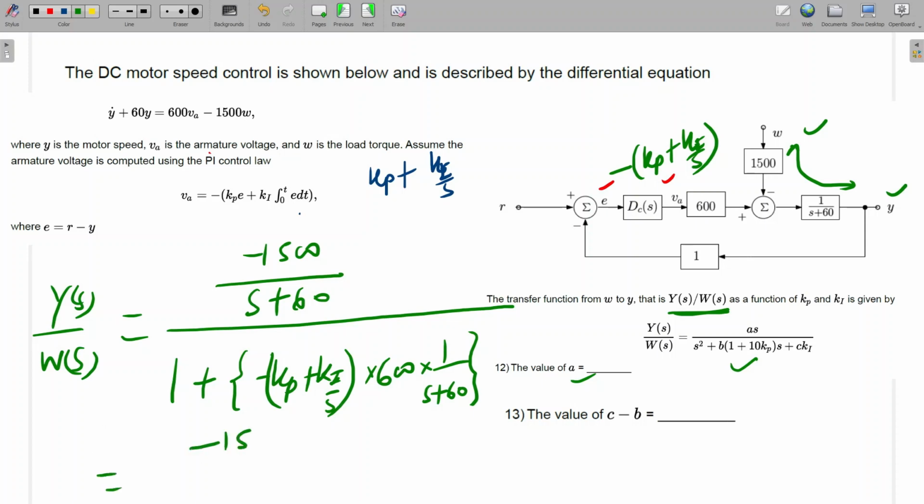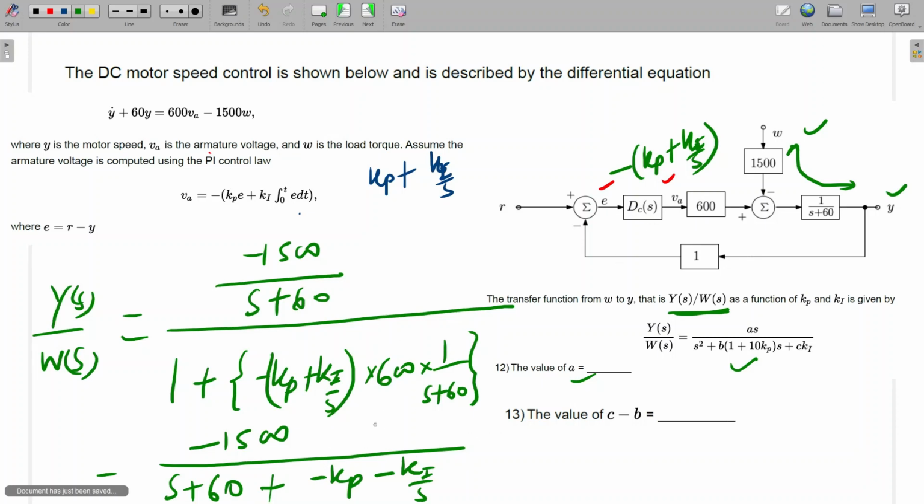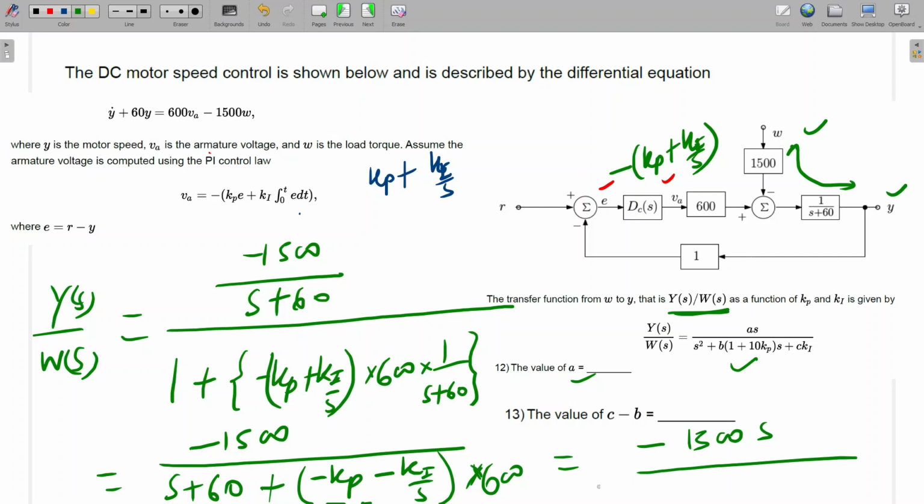So that will be minus 1500 divided by S plus 60, plus minus Kp minus Ki by S, multiplied by 600. S plus 60 will be cancelled, so it will be minus 1500 S divided by the denominator.